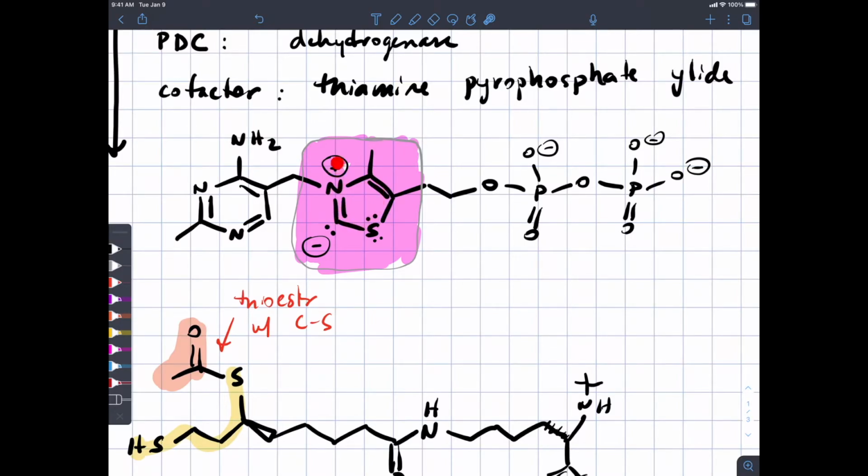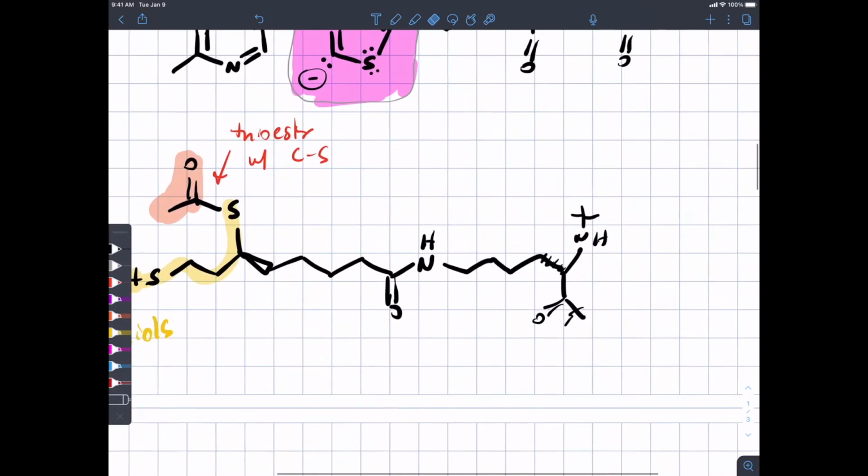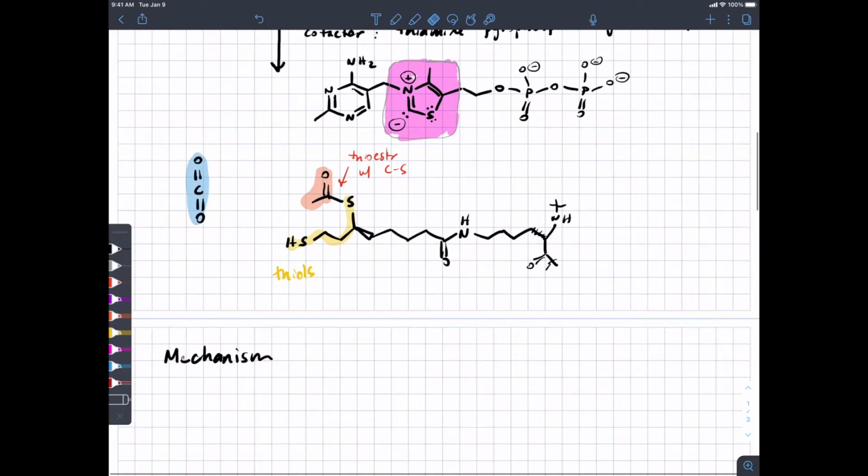The nitrogen's positively charged, and then because it's positively charged, you can remove the proton. Well, let me just show you the alternative form of this molecule.